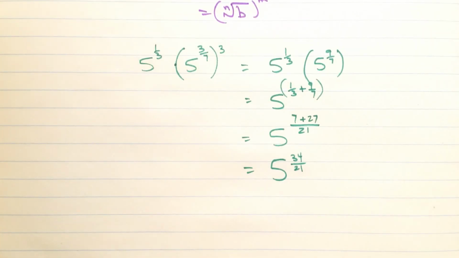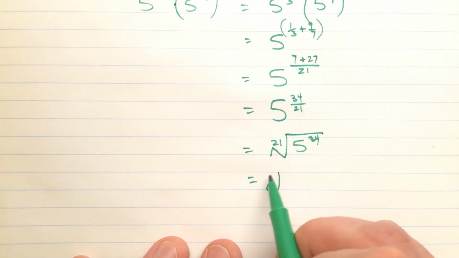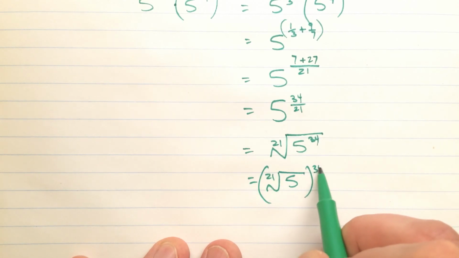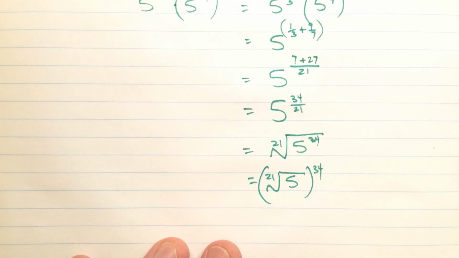If we want to rewrite this as a root, it's the 21st root of 5 to the 34, or it's the 21st root of 5, all to the power 34. So that's how you deal with rational exponents.